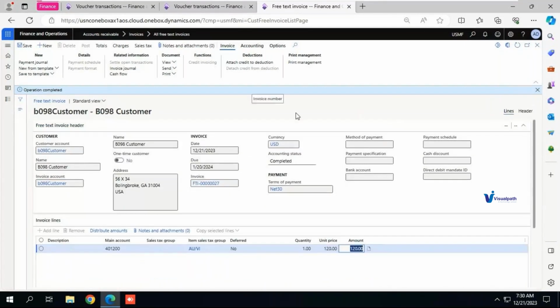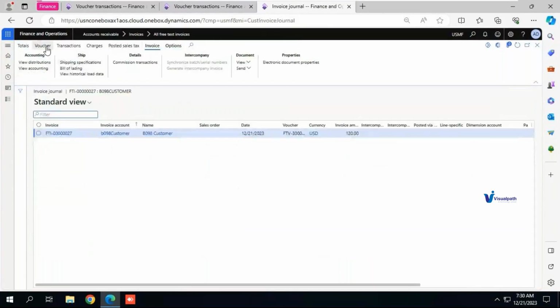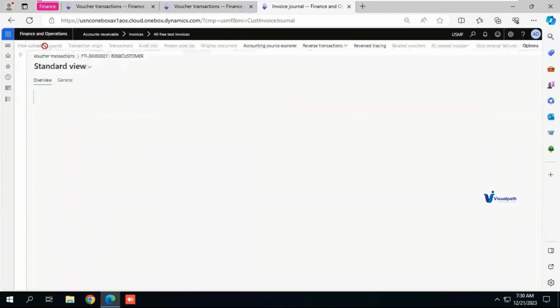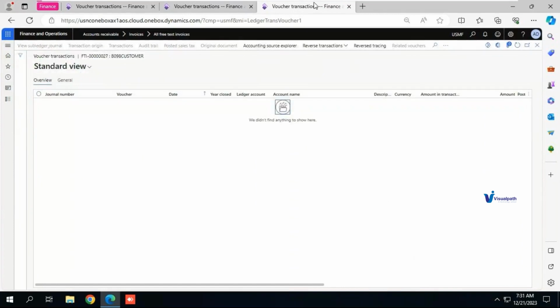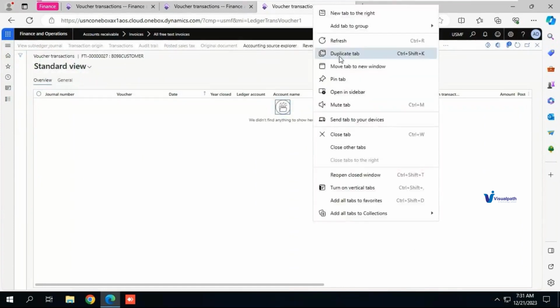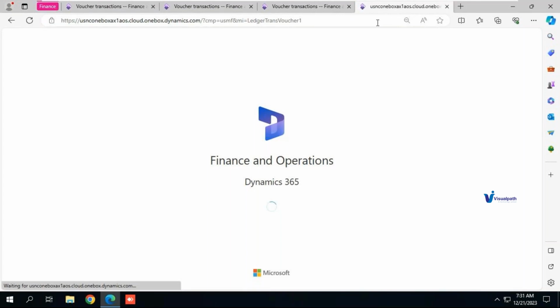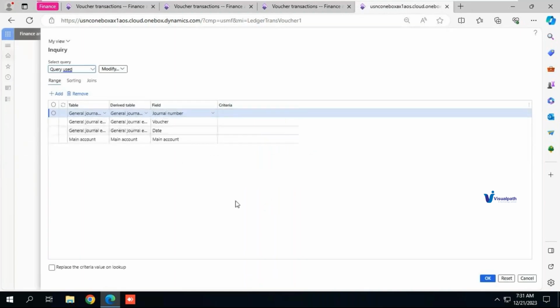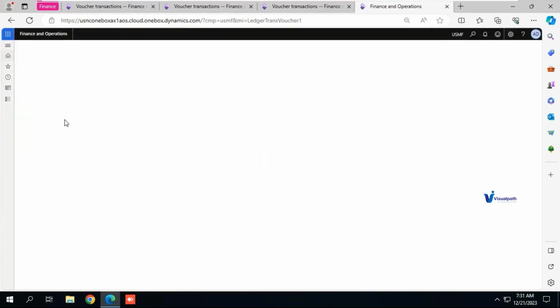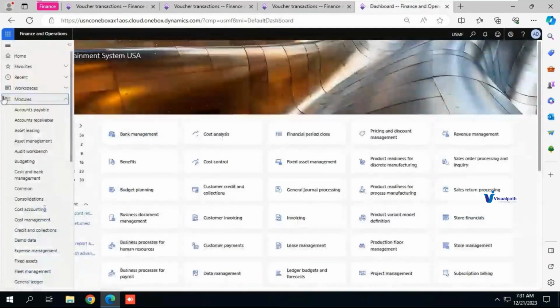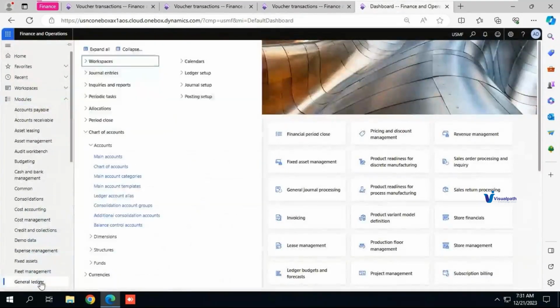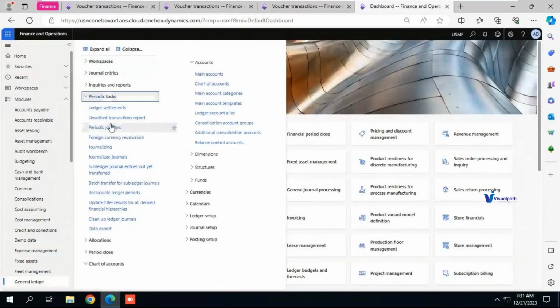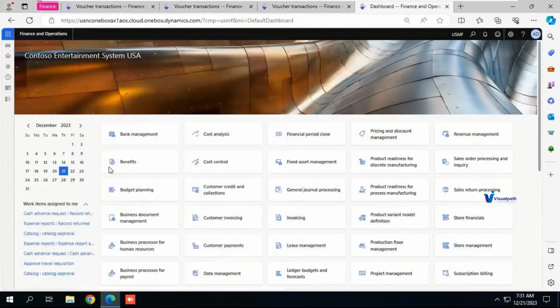We'll discuss that. Now, if you verify the voucher, customer account debit to revenue account credit. It is not immediately reflecting. For that, we need to go to general ledger, periodic tasks, subledger journal entry is not yet transferred.